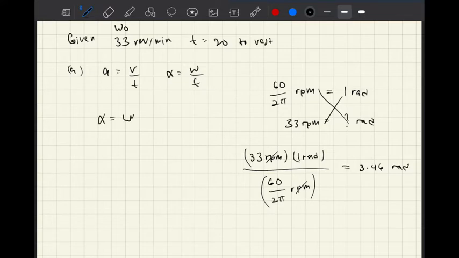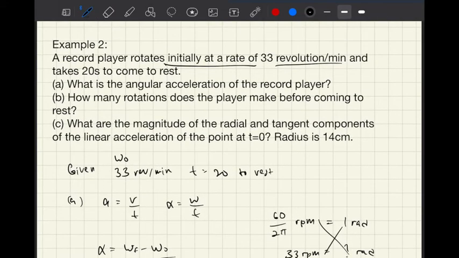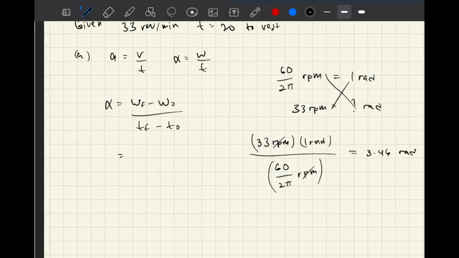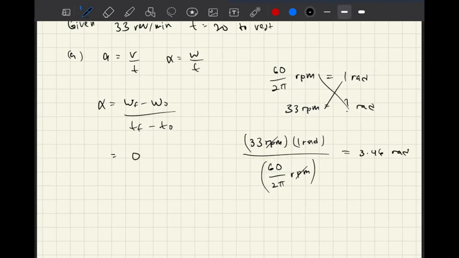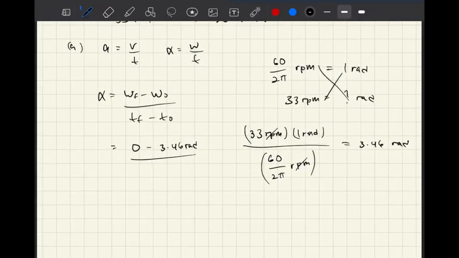Final minus initial, over t final minus t initial. They don't give the final velocity, so it will be 0 minus 3.46 radian over, because t is 20, 20 minus 0 will be 20.